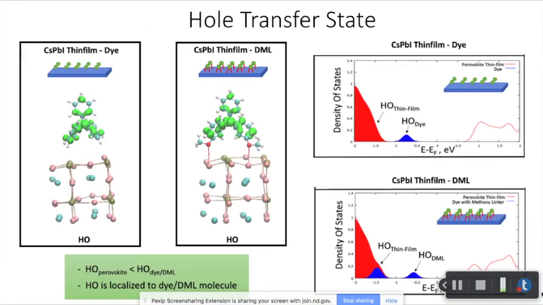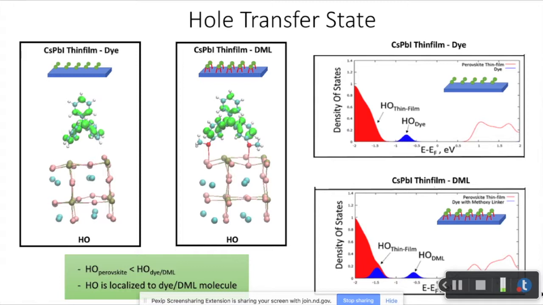And this slide is just to characterize the hole transfer states. So on the right, we see the density of states for both of the models. The electron density is partitioned between the electronic states of the dye and the perovskite, where the red is the perovskite and the blue are the dye states. And then bold or filled in states represent occupied states, and the blank states represent unoccupied electronic states.